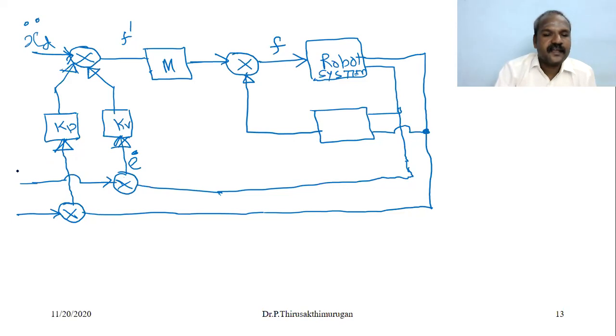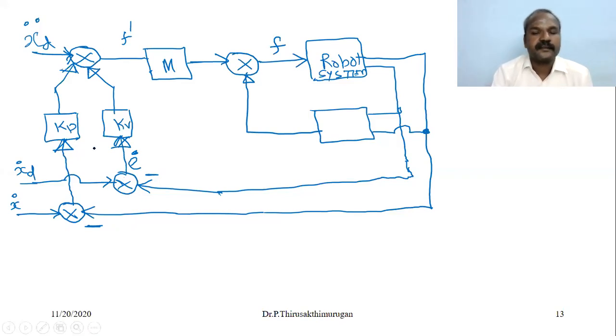So this is x dot, xt dot, this is x dot. Okay, x dot. This is minus. Okay, this is also minus, plus and minus. Clear?